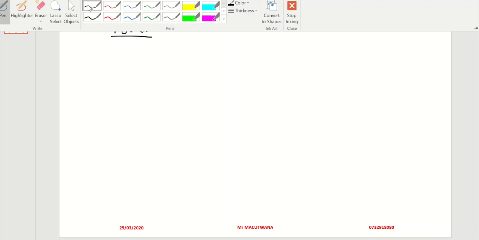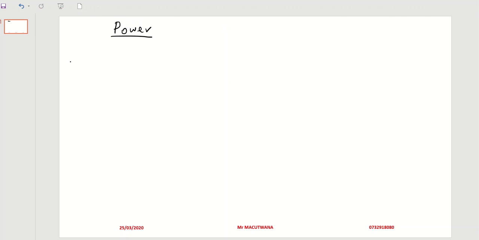If we can just go back, we've talked about work done, and we said work is only done if there is a force acting on an object. Let's say this object is moving on a rough surface.